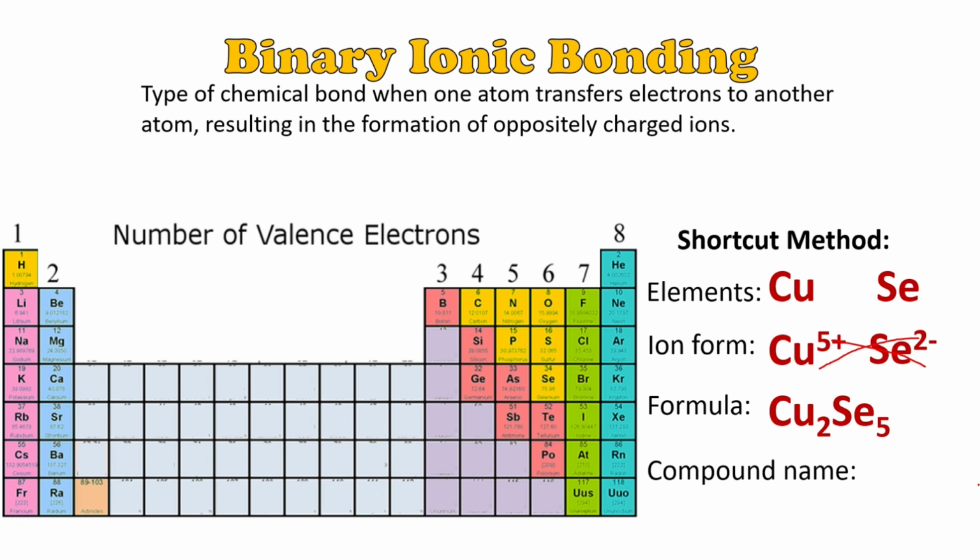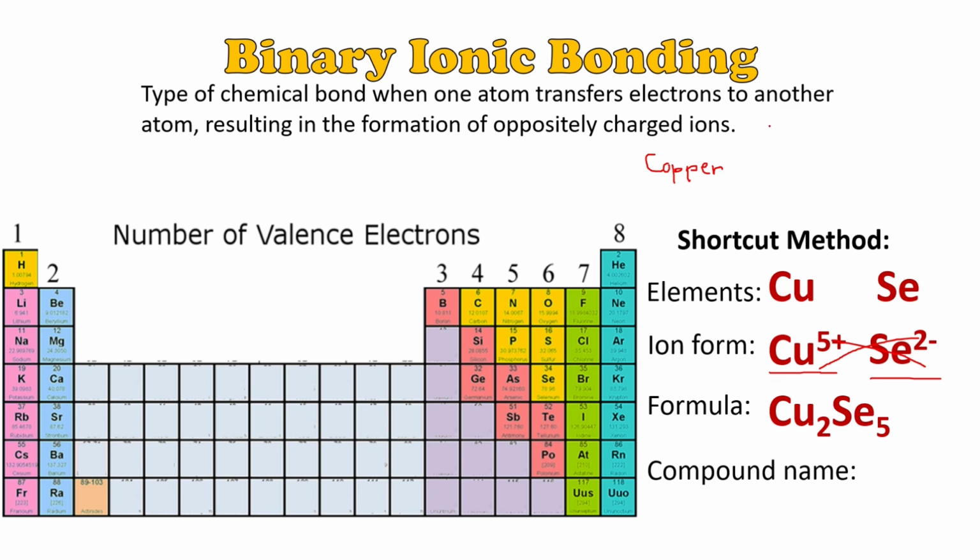Okay, now naming. The naming of this, you should name the same way. Again, name of the cation and name of the anion. So what is the name of this cation? Remember, it is a transition metal. So same way, you just name the metal, copper, but you need to include the charge number.